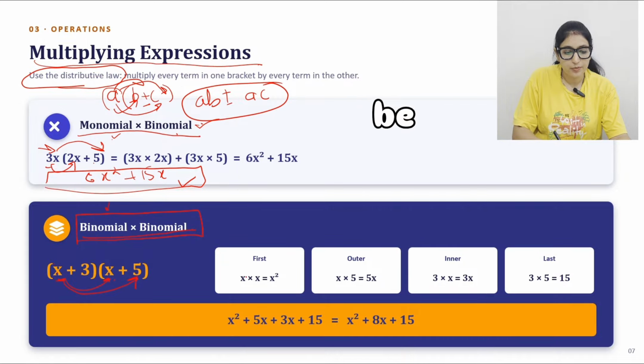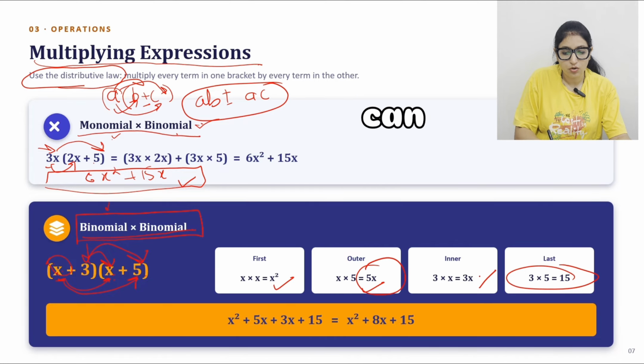See, here x will be multiplied by x, it will become x square, and x will be multiplied by 5. So we have 5x. This is done, now we are left with 3. Now again 3 will be multiplied by each term of the second bracket, that is 3 into x, 3x, and 5 into 3, that is 15.